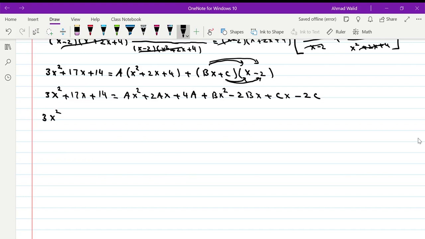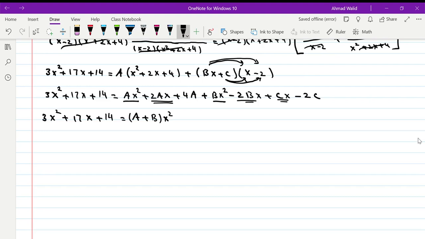3x squared plus 17x plus 14 equals a plus b x squared. I did 2 steps in once, right? Because these two are x squareds. Now after that x, which I have 2ax, and also I have minus 2bx, and I have plus cx, right?